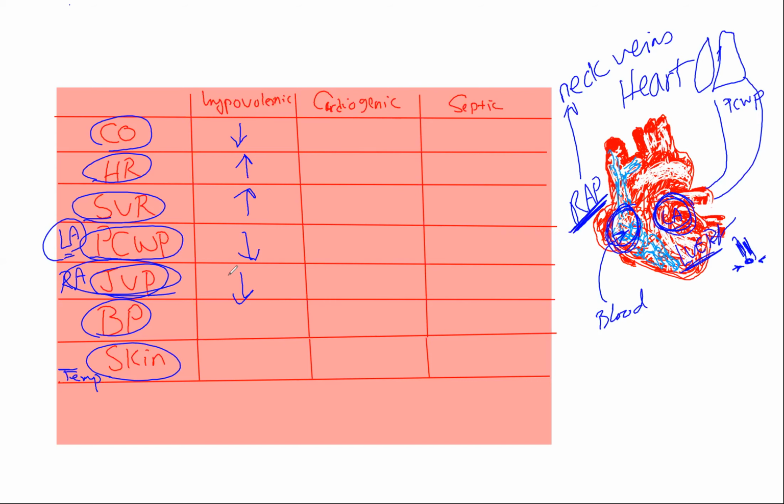The blood pressure, this is a shock. So the blood pressure will be essentially decreasing. What about the temperature of the skin? You will have cold peripheries. Why? Because the blood will be diverted from non-vital organs to vital organs.